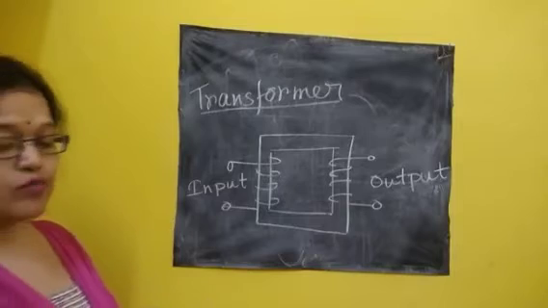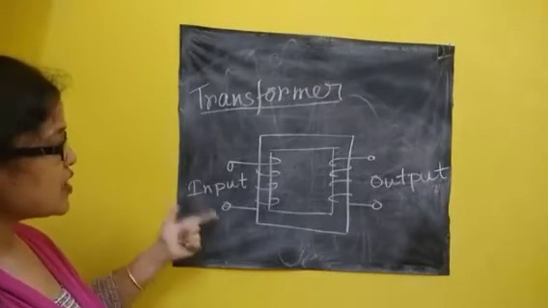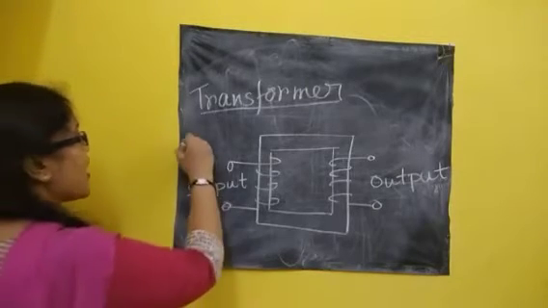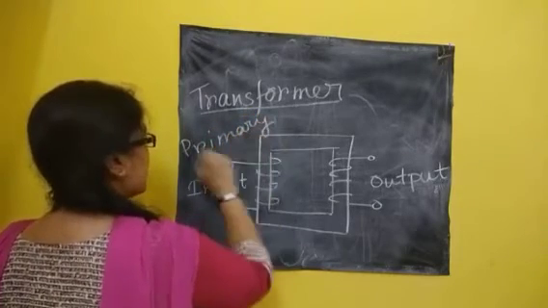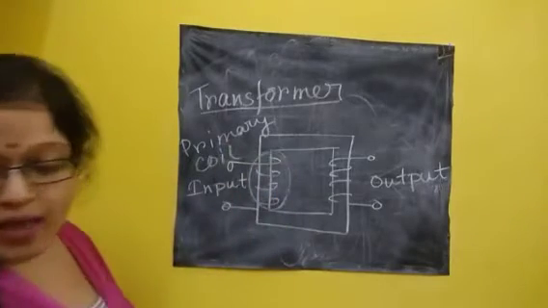Remember the terminology. The input terminal, where we give our input AC, is called the primary coil. So this whole coil is called the primary coil.